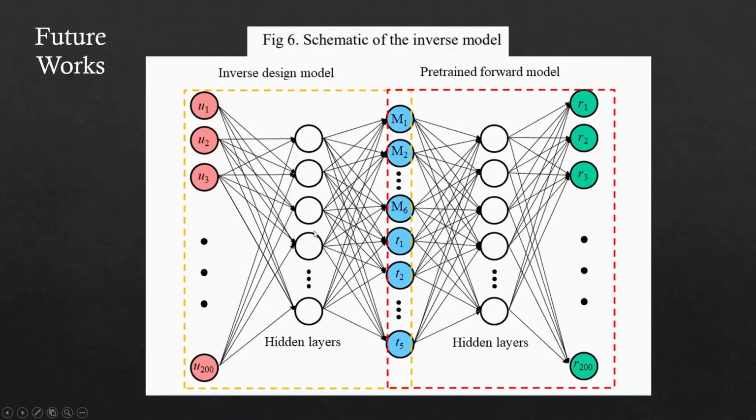This is the inverse model. And we train the model, training these weights here. The hidden layers could again be selected with trial and error. We train this model and use backpropagation to update these weights.